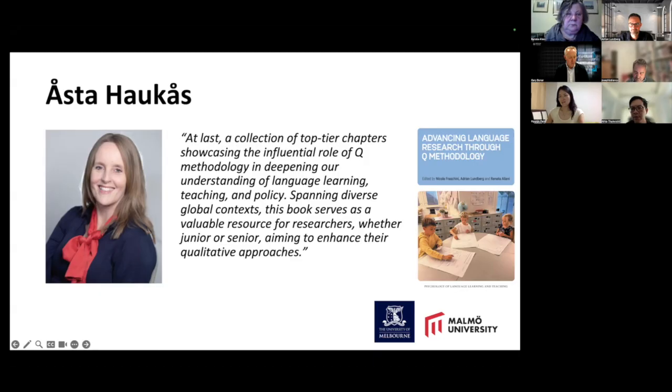When I was invited to read and review this book, I did so out of genuine curiosity, because I don't really see myself as an expert in Q methodology. I have been drawing on Q methodology earlier on, but now I was really curious to read more and to see the diversity of topics that appeared in the book and what I could learn from them. So I read each chapter with a pen and a piece of paper next to me, noting down ideas and thoughts about how I could use and draw on these studies also in my own context, also for my PhD students, master students, and so on.